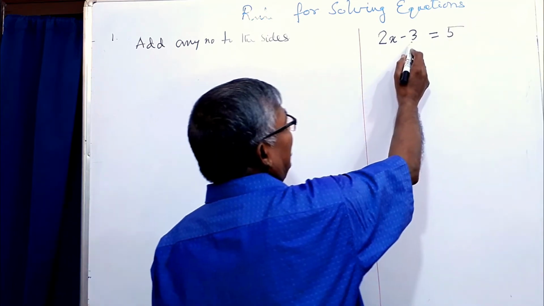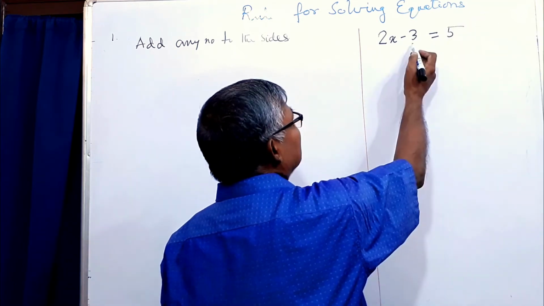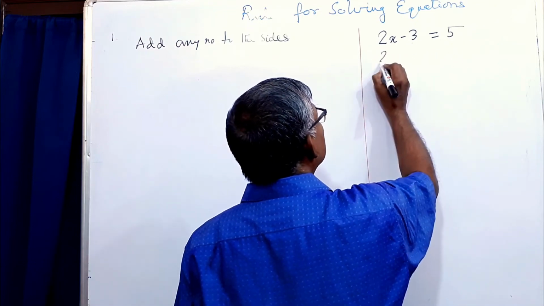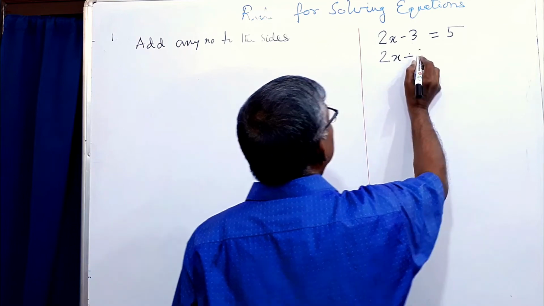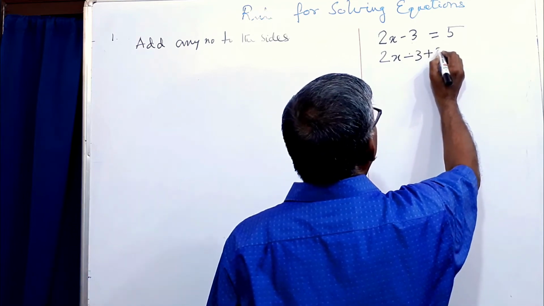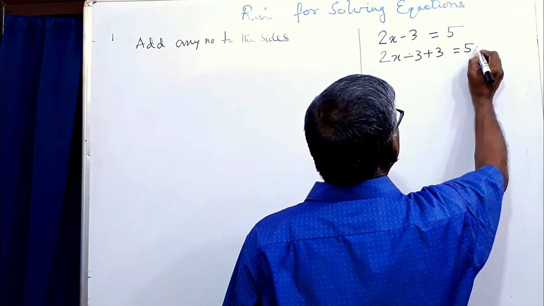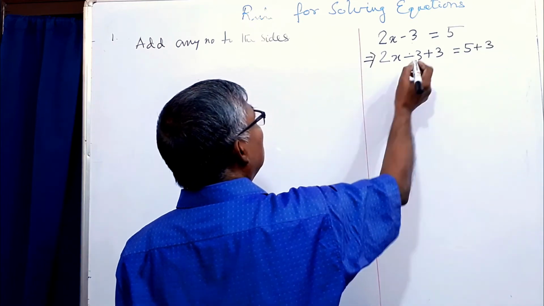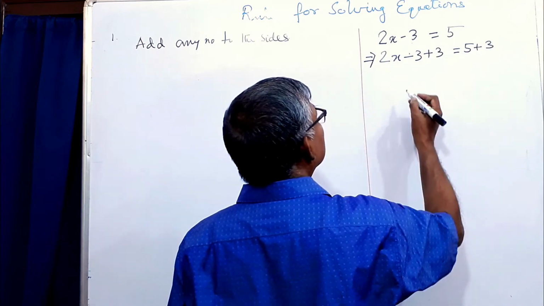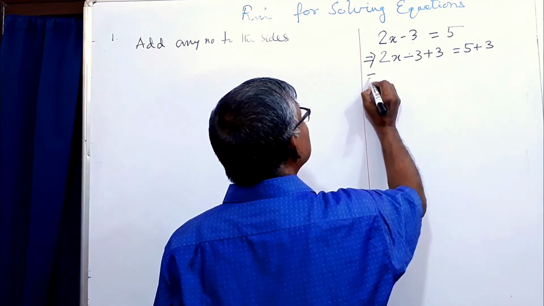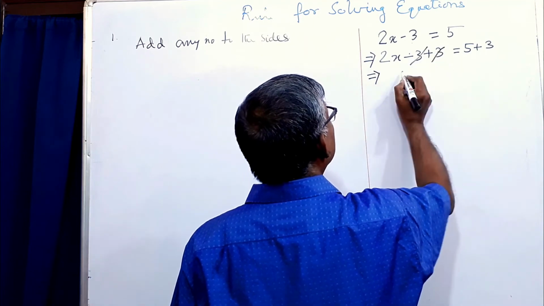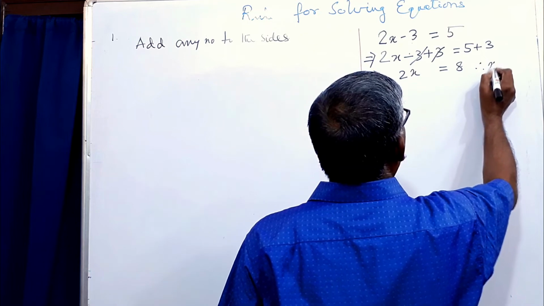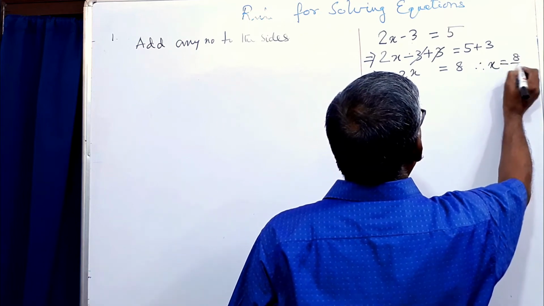So if we add 3 on both the sides, it will be cancelled. So just add 3 to both the sides. So it will be 2x minus 3 plus 3, and 5 plus 3. We are adding 3 on both the sides to cancel this. So it is cancelled. 2x equals 8. Therefore x equals 8.